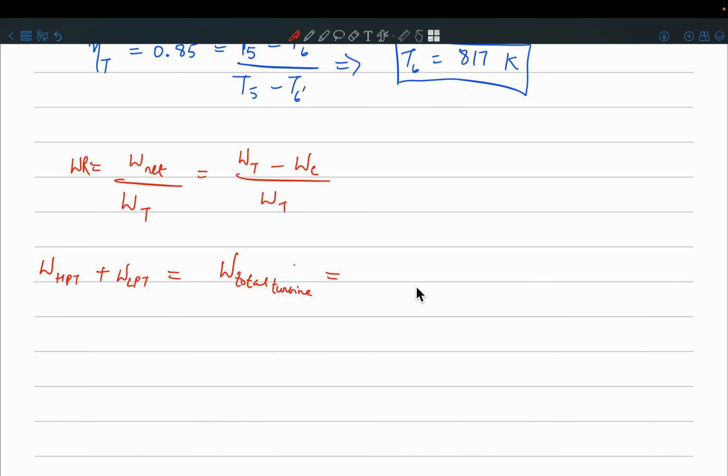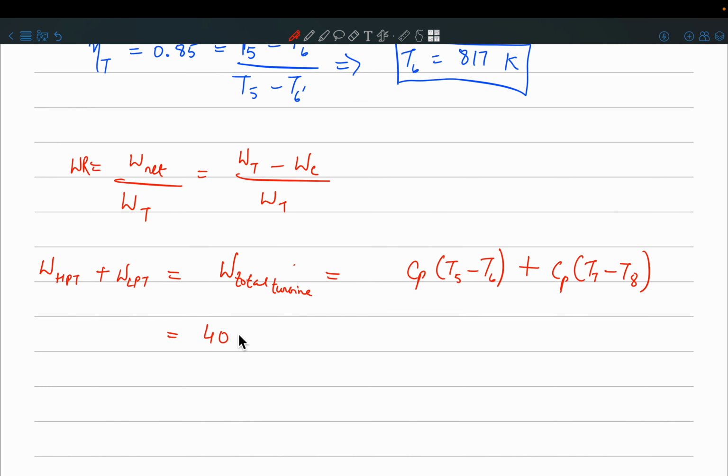And this we can find as Cp into (T5 minus T6) plus Cp into (T7 minus T8). Alright, so now we know all the temperature values, and Cp is given to us. So you can plug in the values and get the total work of both the turbines.